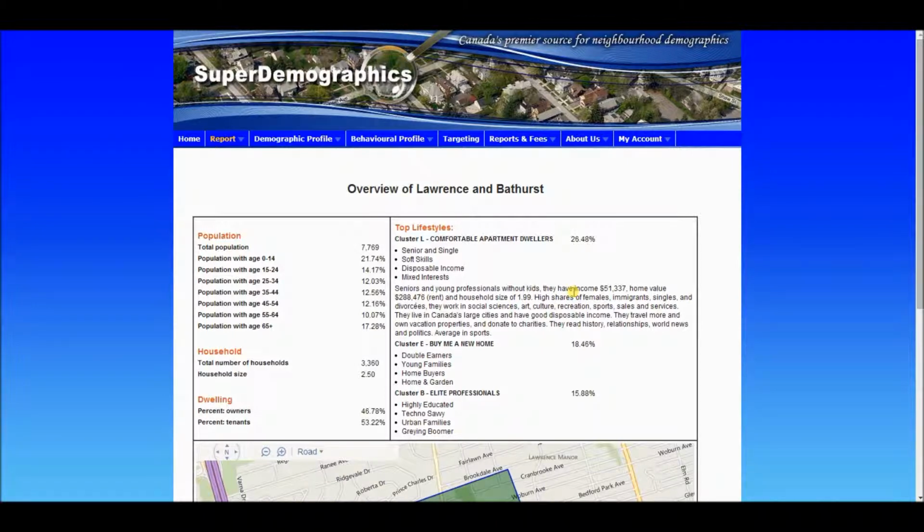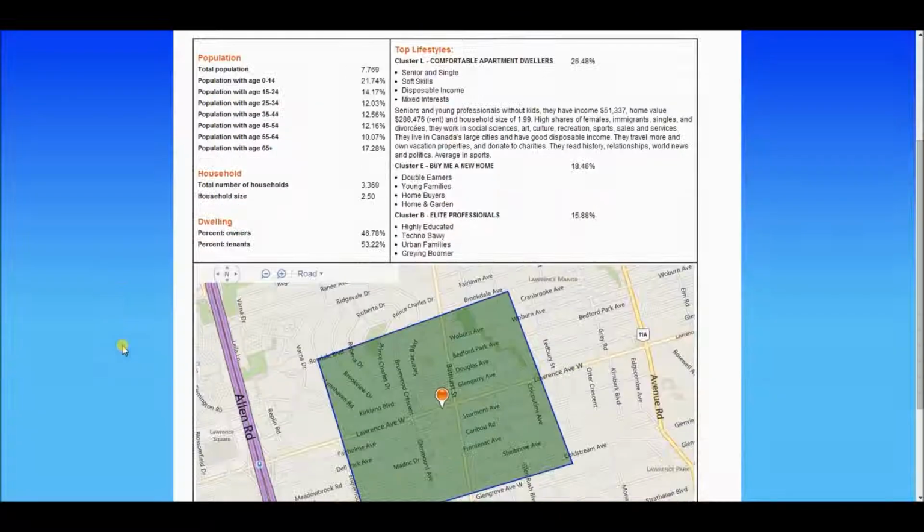As you can see, we have a fair amount of information about the trade area, including lifestyle, distribution, household number, dwelling, population. Most of this information is available to us in the comparison type reports.